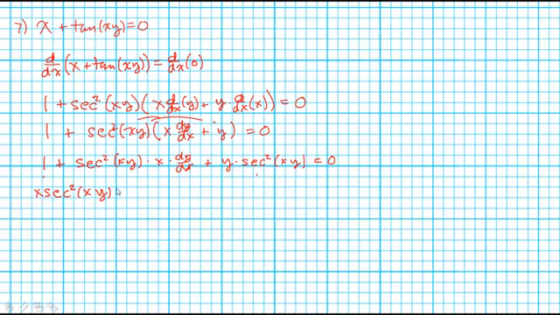Typically we put that x in front, and we'll put the dy/dx in the final position. A negative 1 there, and a negative y secant squared xy over there. Dividing both sides, we end up with dy/dx is equal to negative 1 minus y secant squared xy, and that's all divided by x secant squared xy.